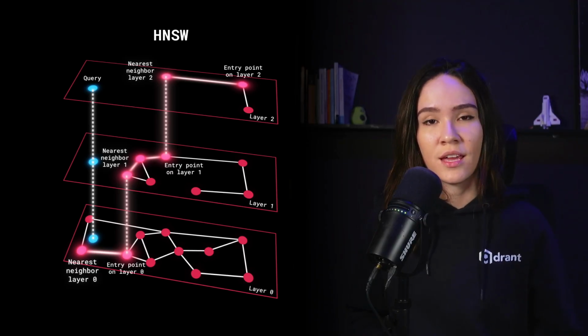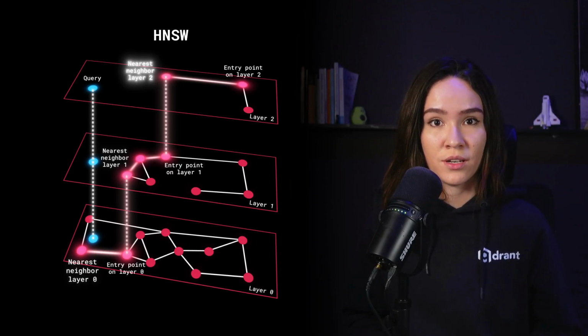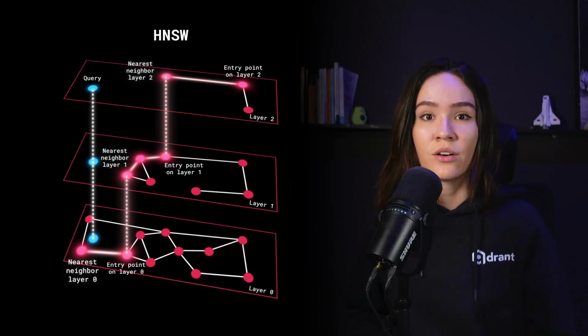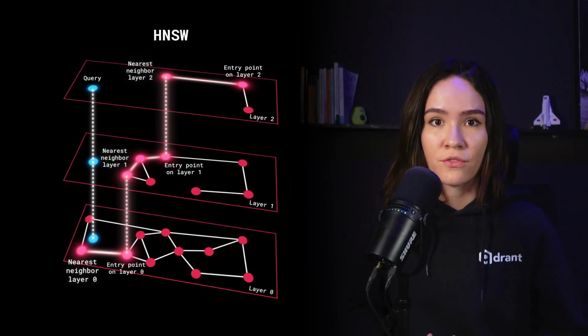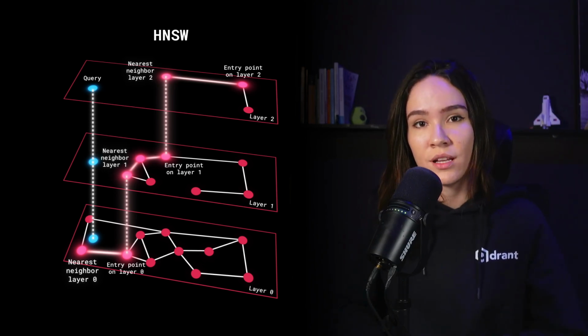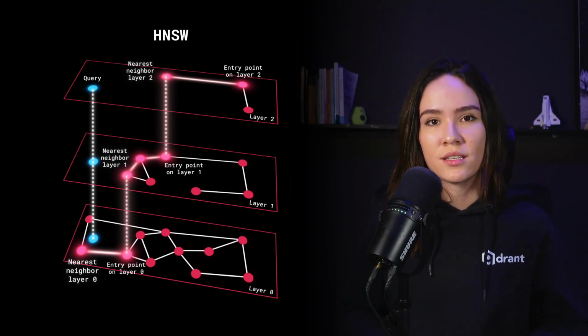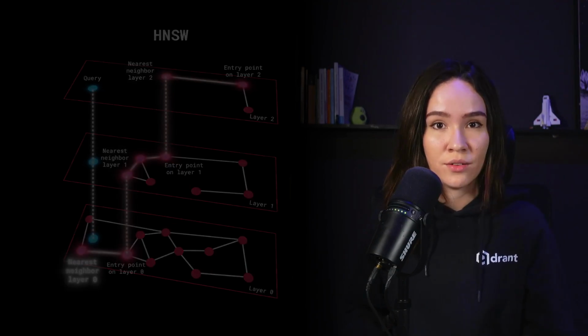At each layer, the algorithm searches through the nearest neighbors of the current node to find the best path forward. It continues this process, refining the search as it moves down through the layers of the graph until it reaches the lowest level, where it selects the final nearest neighbors. This way, Qdrant avoids having to do brute force search across all of our vectors, narrowing down the search space by a significant amount, making search still very precise but also fast.